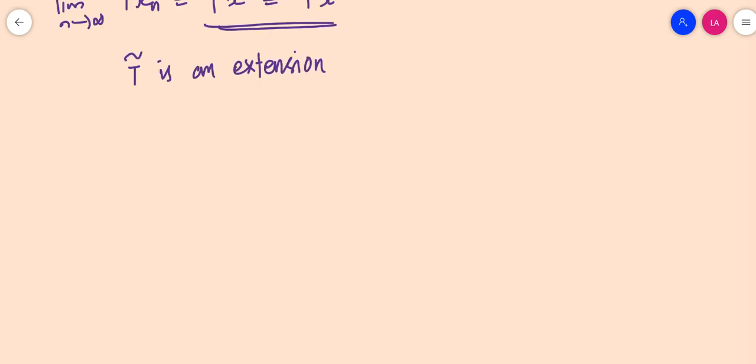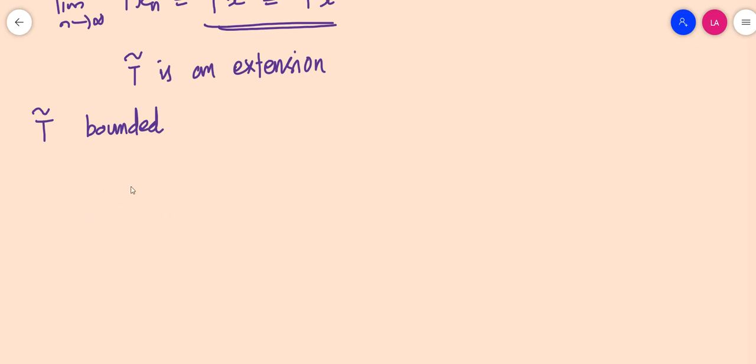Okay. Now the only thing which remains to prove is the fact that T tilde should be bounded. We have proved that T tilde is a linear operator, T tilde is an extension. Now we have to prove that T tilde is actually bounded. So consider that for every x, we have a sequence xn belongs to D(T) such that xn converges to x, and we have proceeded like this.